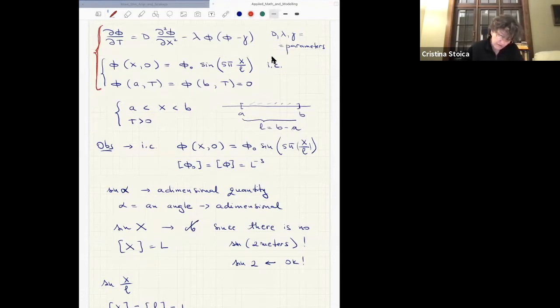So what we're going to do now, let's write it nicely. This is the Fisher equation with dimensions. We're going to adimensionalize it. And in this process, as we will see, some of these parameters will disappear.